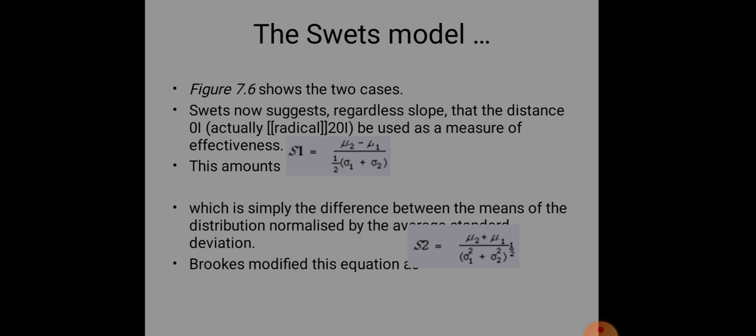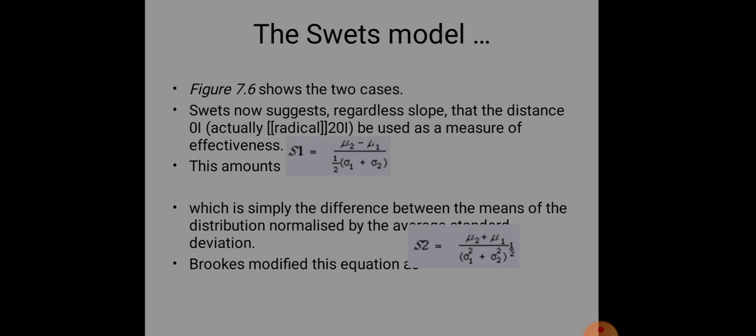In the denominator, we take the average of the standard deviations of the two distributions, that is, the two normal distributions for relevant and irrelevant documents that we saw in the picture. In the numerator we take the difference between the means of the distributions. Hope it is clear. Mu means mean and sigma means standard deviation.